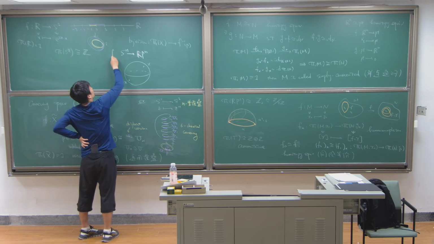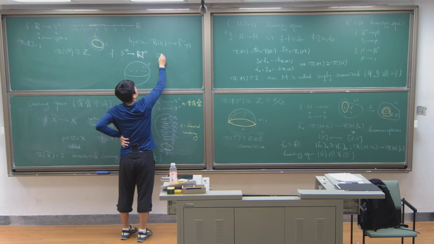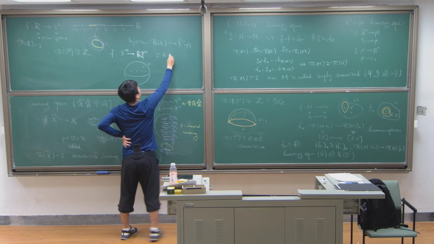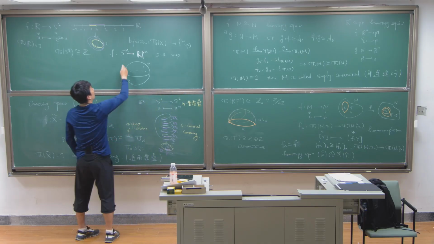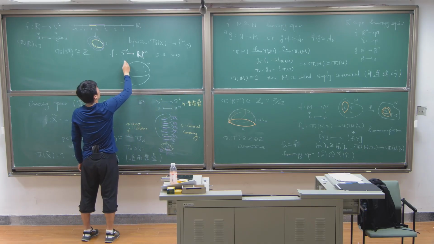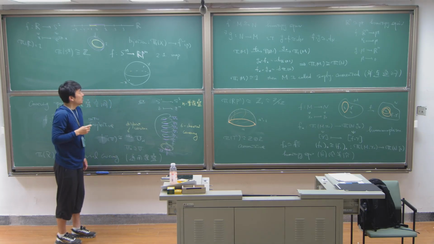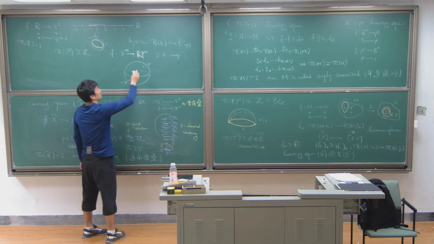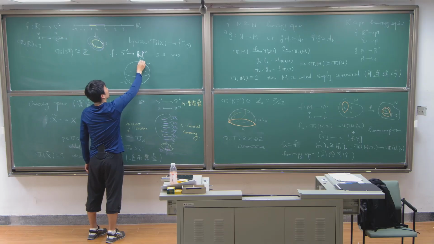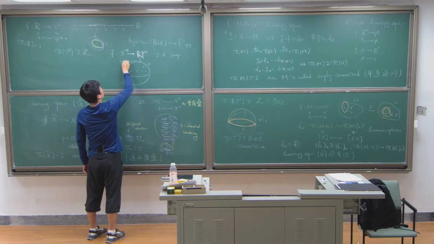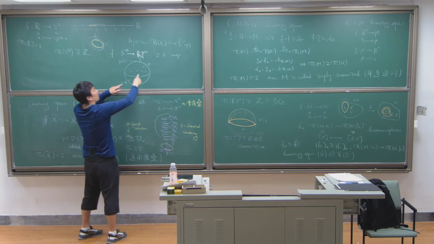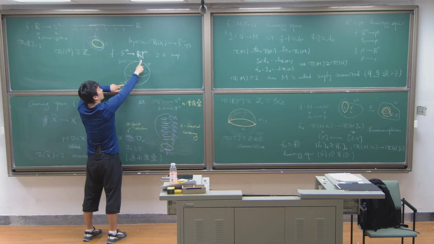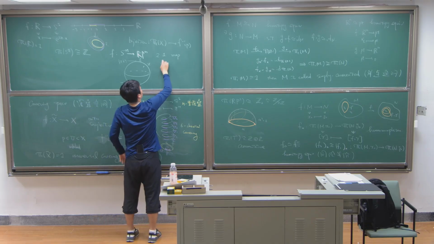So this is a 2-to-1 map. If you pick a point here, the preimage is just plus minus x. So it's a double cover.